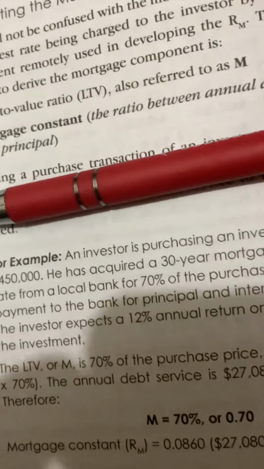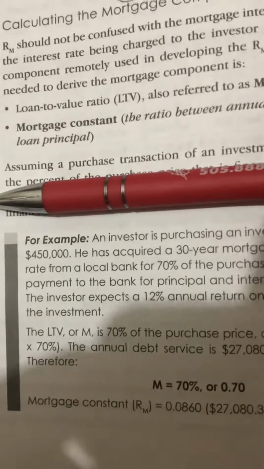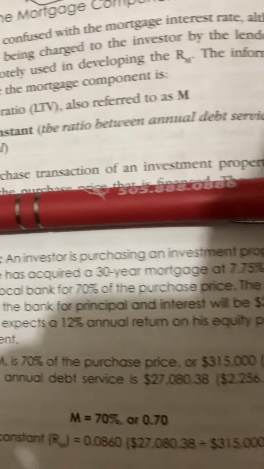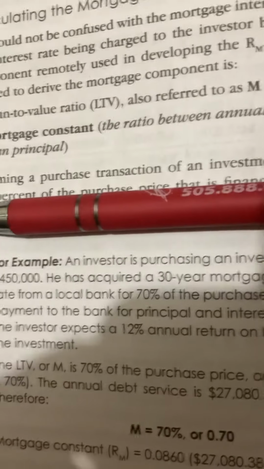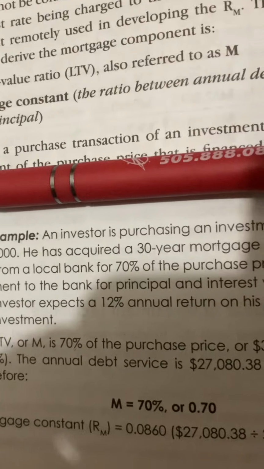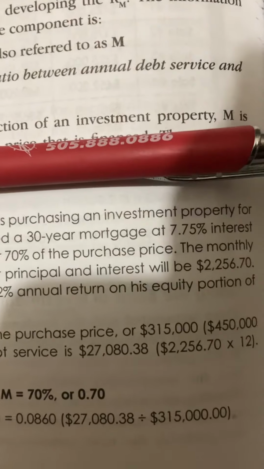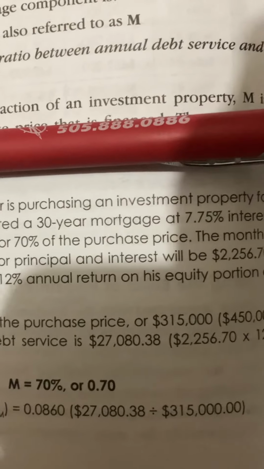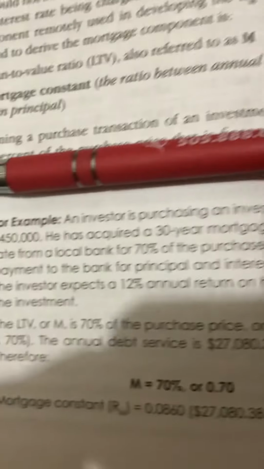For example, an investor is purchasing an investment property for $450,000. He has acquired a 30-year mortgage at 7.75% interest rate from a local bank for 70% of the purchase price. The monthly payment to the bank for principal and interest will be $2,256.70.